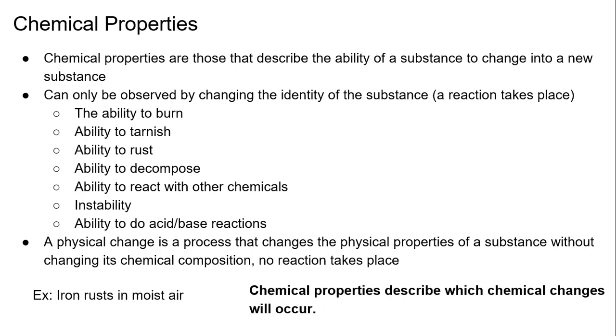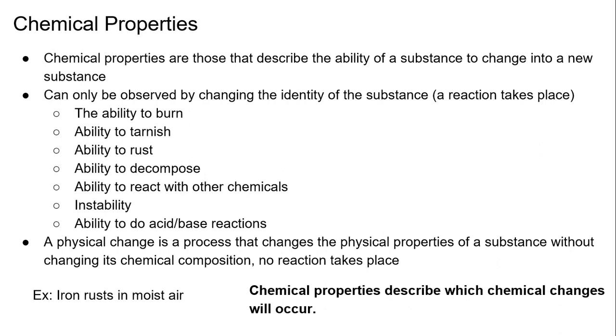So certain properties will happen during a chemical reaction. And if these certain properties don't happen with these substances, either you do not have that substance or the reaction's not taking place. So the ability to burn, paper has the ability to burn. It will burn very quickly. Ability to tarnish, that is a sign of silver. Silver will tarnish. That's very similar to rust.